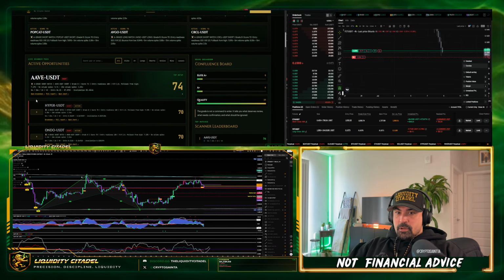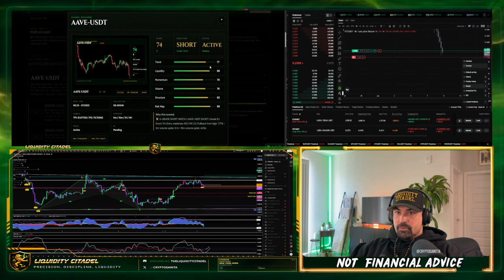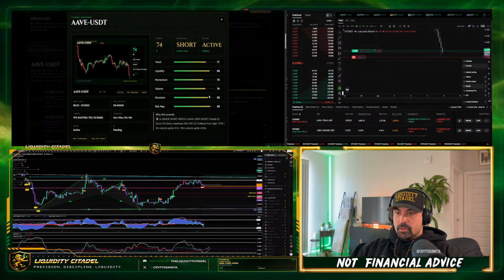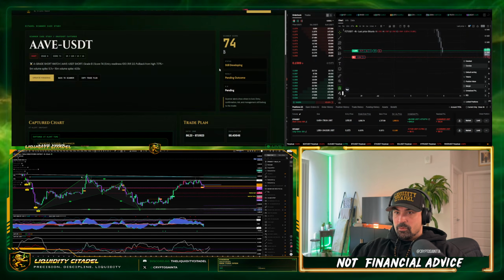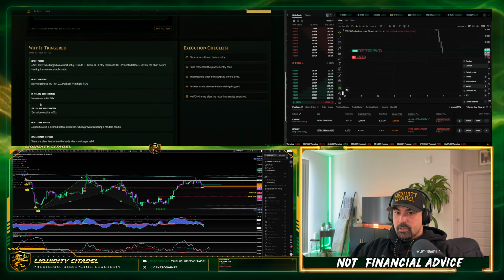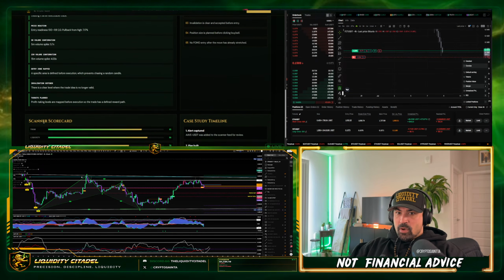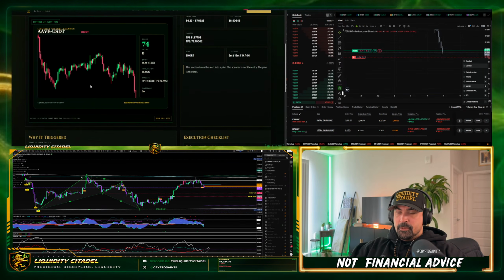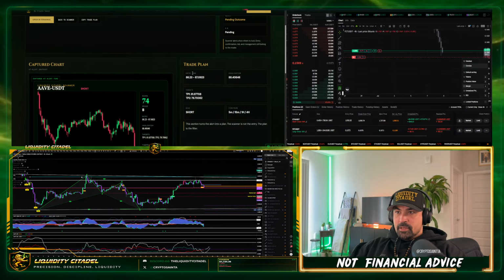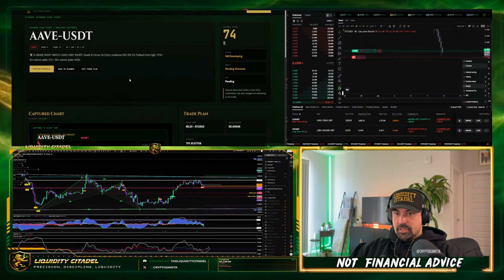And then there's going to be breakdowns for them. So AVE, we can come into AVE. You have a short, giving you some of the reasoning for it. You can open the full report inside there and see the reasons why it triggered, so you're not just entering blindly. You'll have some ideas and reasoning to go into it.